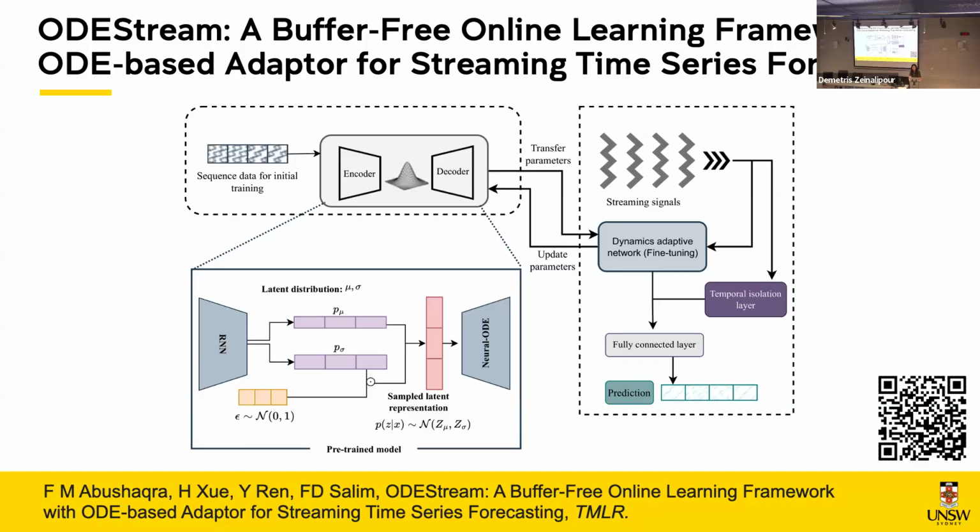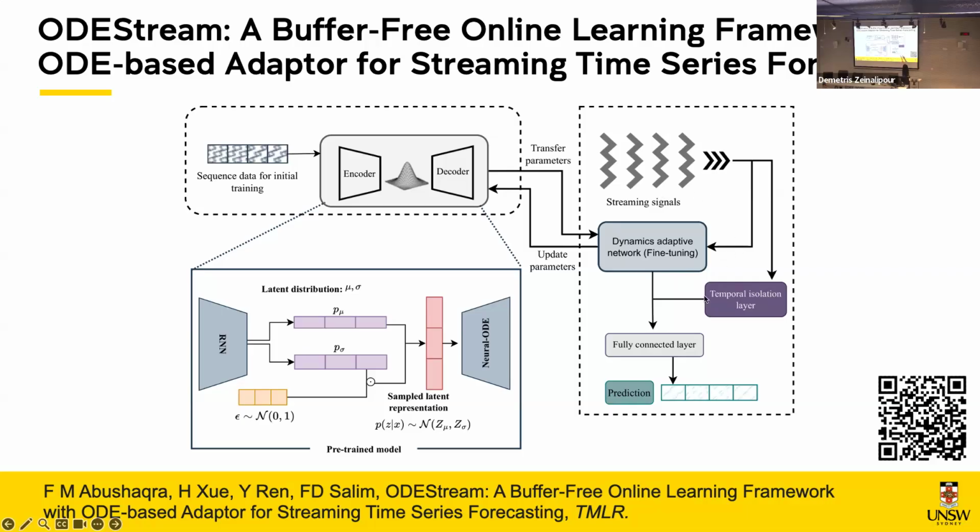And then if needed, you can add the things you like from transformers, like for example, the key value mechanism from the attention, but not in this one, in another work I'll show you. So in here, we actually have a latent ODE for that sequence, okay? And if there's a new streaming signal coming in, we can do dynamic online fine-tuning.